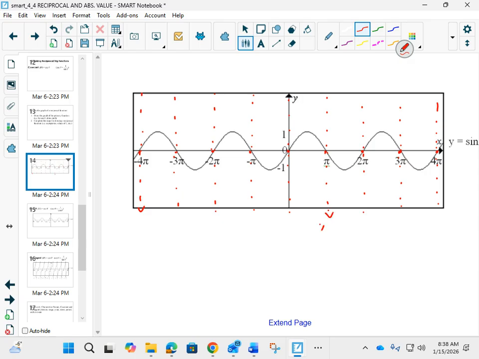I'll just label one, right? Remember, you always label vertical asymptotes x equals, so that one would be at x equals pi. Next, on reciprocal graphs, you look, does the original graph go either up forever or down forever?